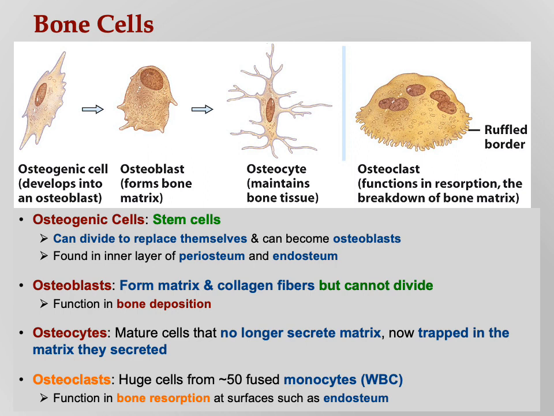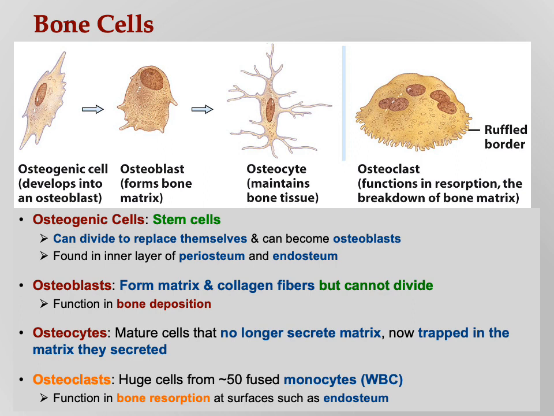This is where you actually dissolve bone in order to return the minerals to your body. This is a part of homeostasis. Remember, I told you several times homeostasis is the main topic in this entire class. So at some point you need to put minerals into the bone. You need to make bone in order to function. But then if you run low on those minerals, you can pull them back out of the bone and put them back into the blood.